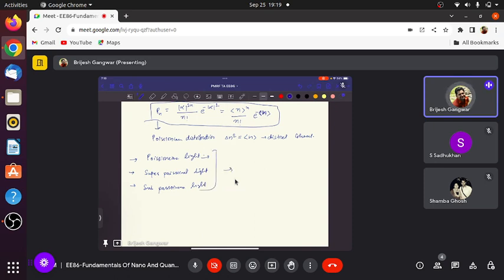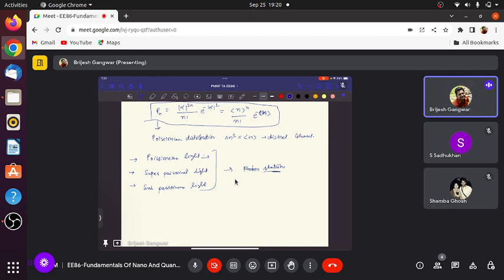All these types of light come under photon statistics, because photons are countable, right? There is some number of photons, so some number state should be defined. We can say statistics, like how many photons at which state. That is defined by some probability density.